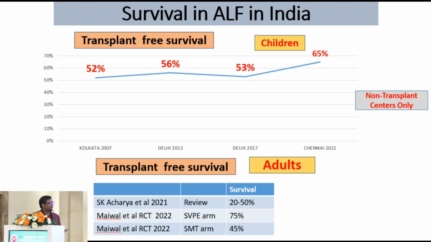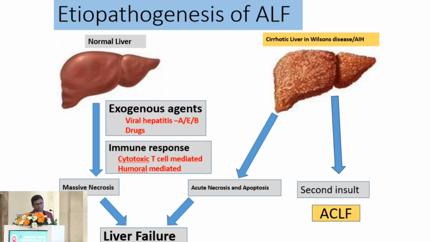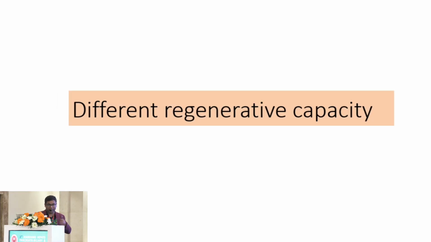The reason being, we have pre-morbid normal livers in most of the cases, whereas in adults the starting point is a cirrhotic liver in Wilson and AIH, which is a very small proportion of cases, and that is leading to massive necrosis. And the other thing is that we have a different regenerative capacity. That's at least what we want to believe, not much data to support it, but at least we want to believe that we have a different regenerative capacity.